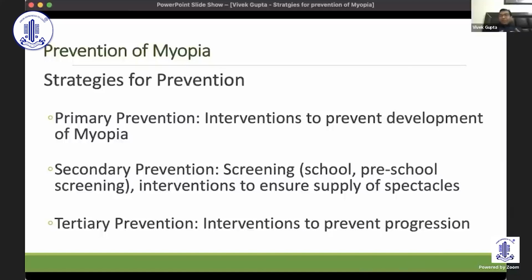Conventionally, we would think of prevention as preventing development of disease, but it also means preventing the outcomes of the disease. Two-thirds of the children are not using glasses. They have low vision because they are not using glasses. So vision screening and school eye health is a key component, no doubt, when it comes to preventing the life impact of myopia in school children.